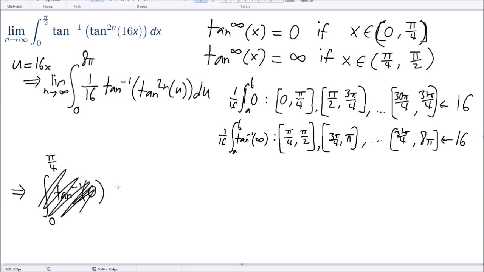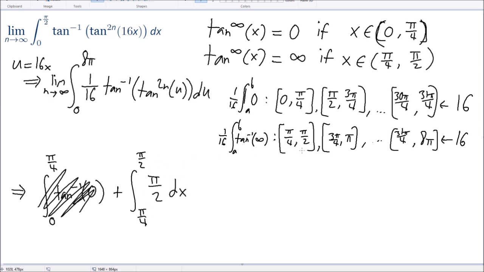Plus, from pi over 4 to pi over 2, that 16 cancels out this fraction here, inverse tangent. Then plugging in infinity gives us infinity, right? What is inverse tangent of infinity? This equals pi over 2. Okay. And that's all this integral equals.